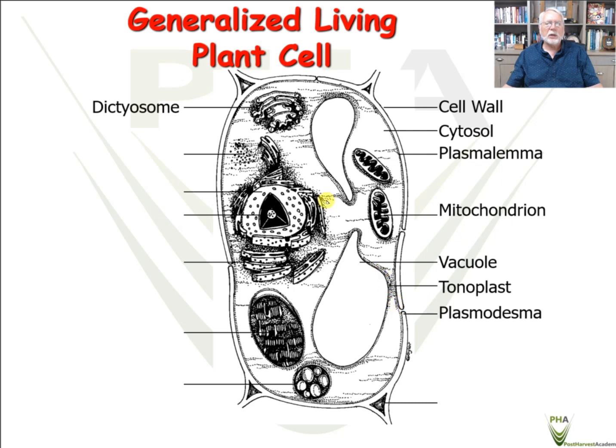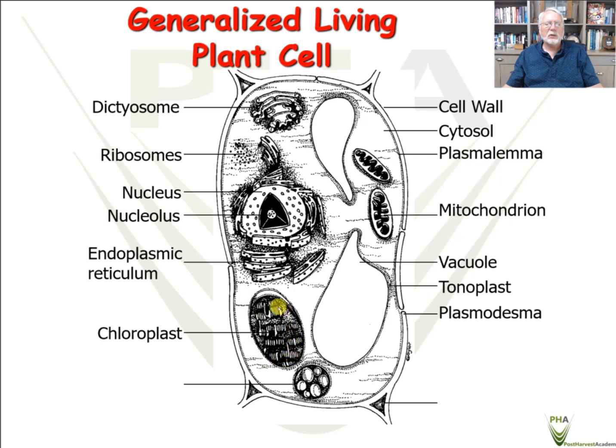There are other membrane-bound structures in the cytosol, such as the dictyosomes, that produce substances that are involved in the synthesis of the cell wall, the ribosomes that are involved in protein synthesis, the nucleus that contains the DNA, the nucleolus that produces the compounds used in the synthesis of ribosomes, a flat channel system known as the endoplasmic reticulum that has ribosomes attached to it, a chloroplast that is involved in photosynthesis, and other plastids such as the amyloplast that stores starch grains.